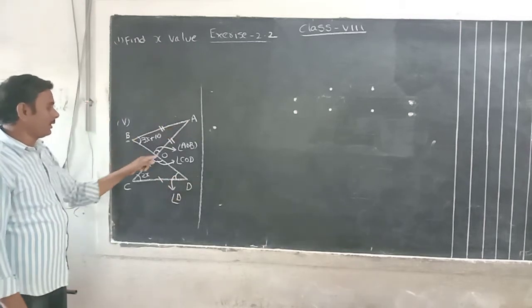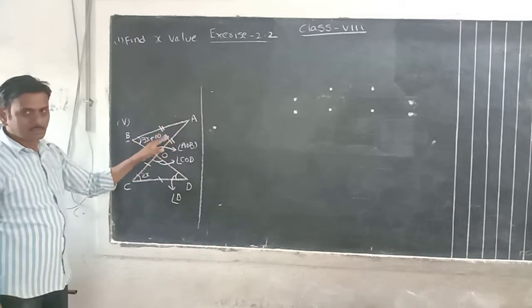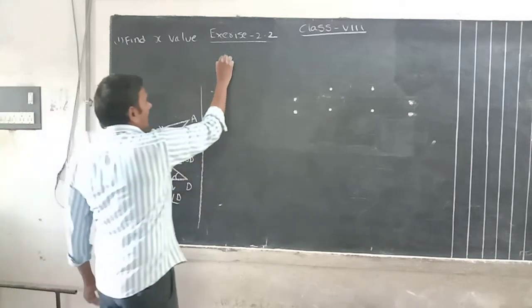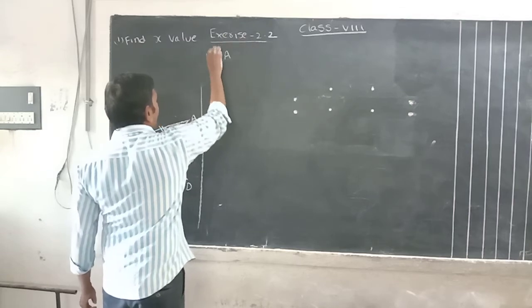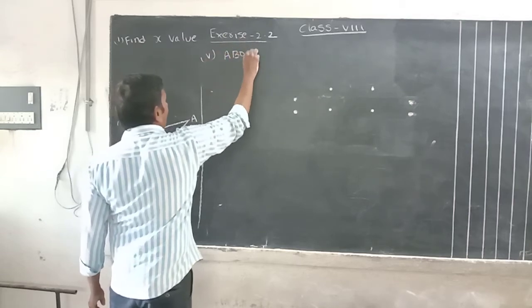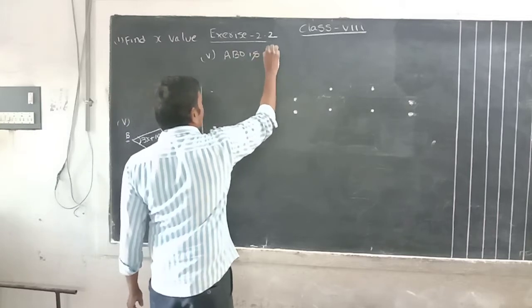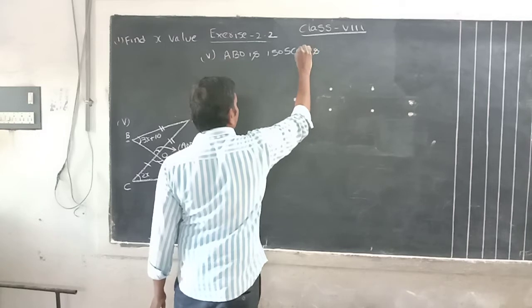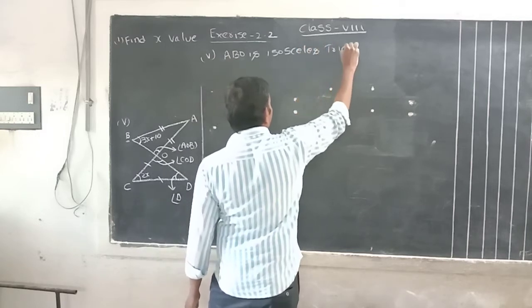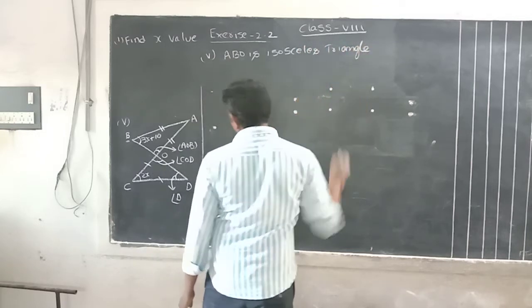Okay, ABO is which triangle? Two sides are equal, so it is an isosceles triangle. Fifth question answer: ABO is an isosceles triangle.